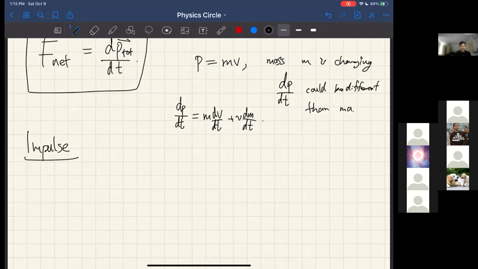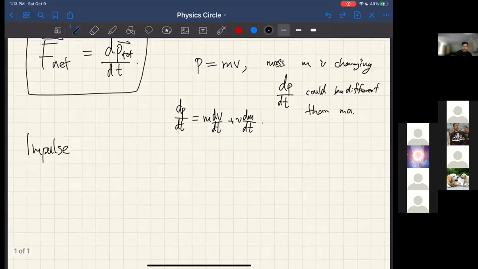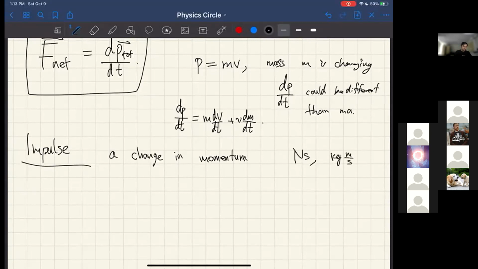The right way to think about it: impulse and momentum are very similar quantities, but impulse you generally want to think of as a change in momentum. The units are Newton seconds, which is the same thing as kilogram meter per second.